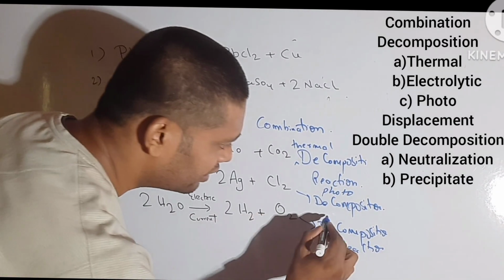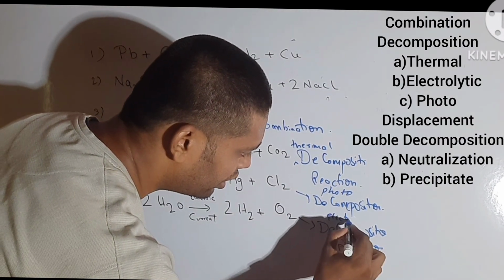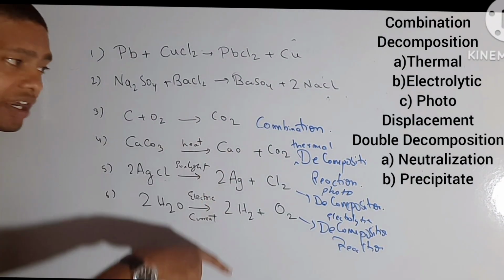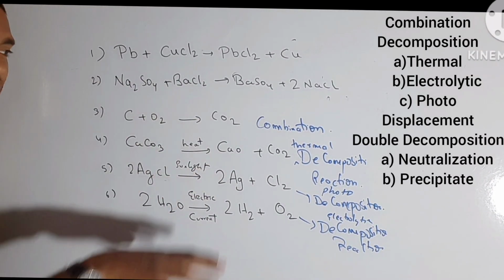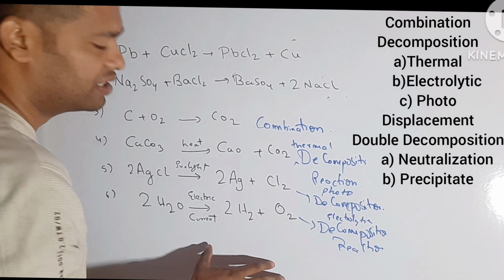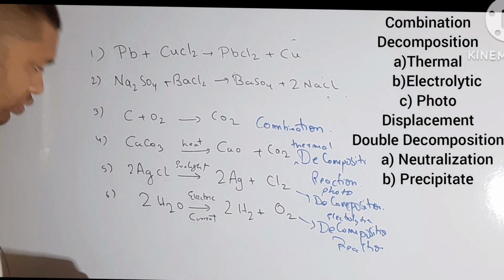So you write electrolytic decomposition. You understand, all these are decomposition, but we have first written that they are decomposition, and after that which type of decomposition reaction it is. So all these things are done.